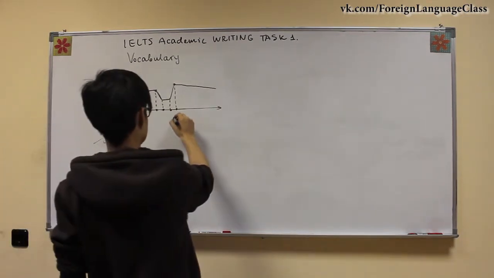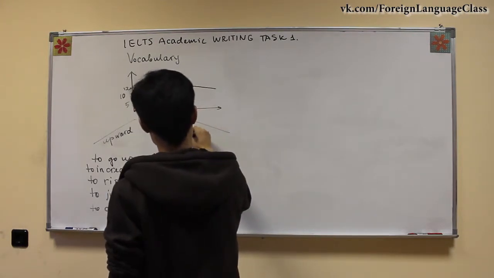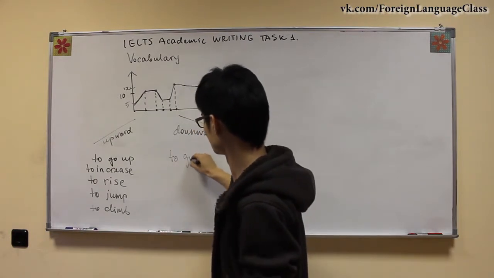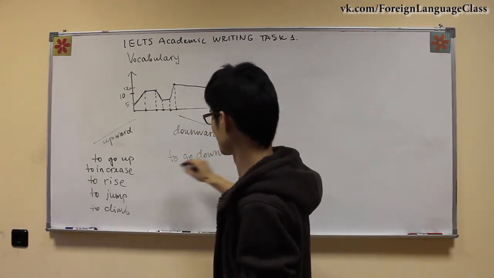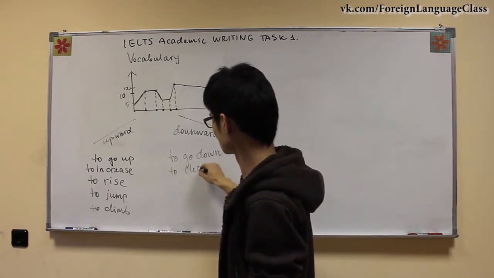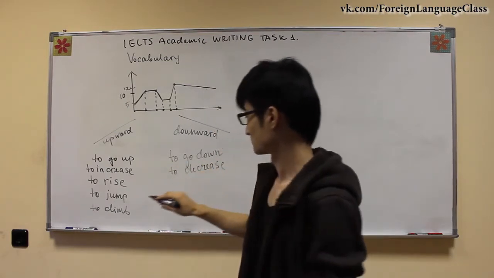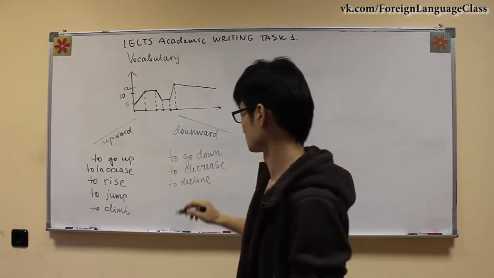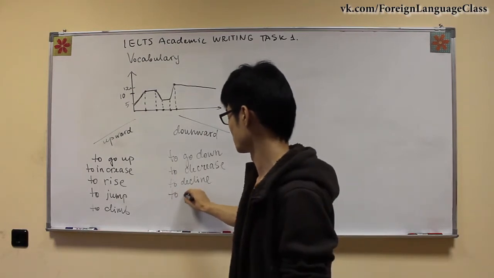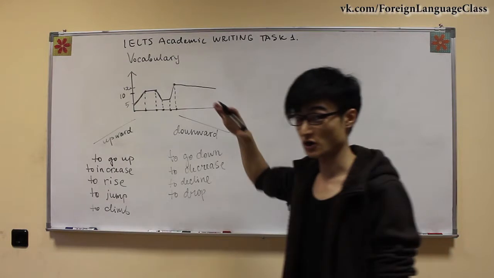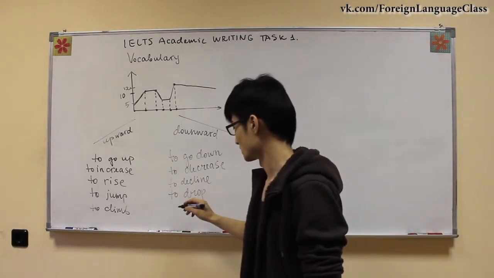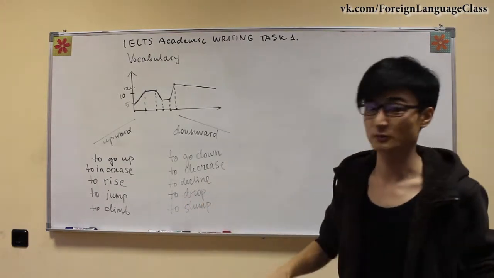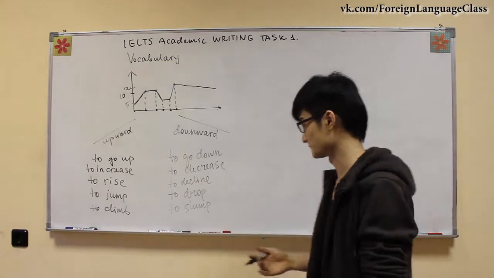Okay? For a downward trend, you may use go down, to decrease, or to decline, to drop, or a sharp decrease or sharp decline, or to slump, which is an even sharper decline, a sharper drop.